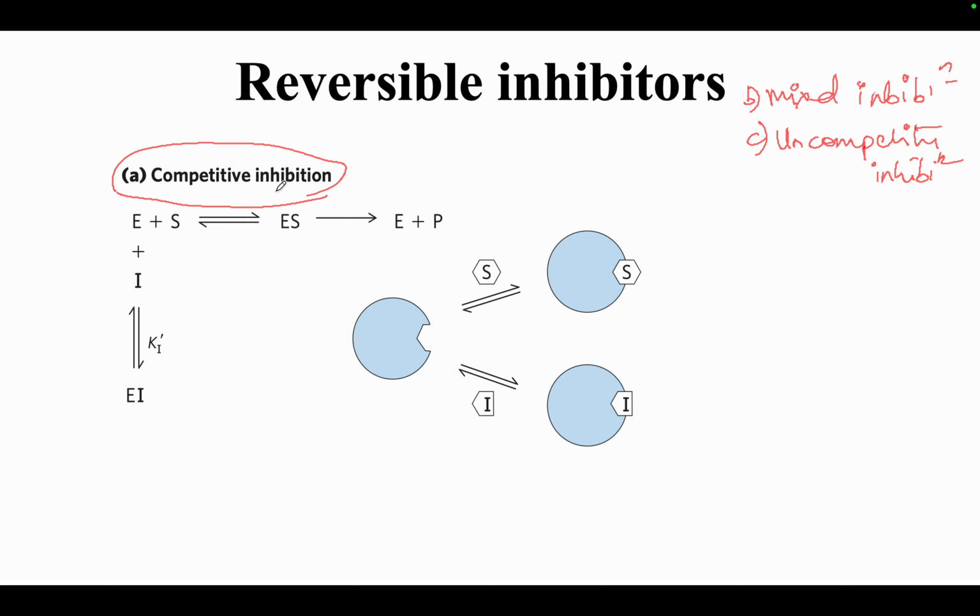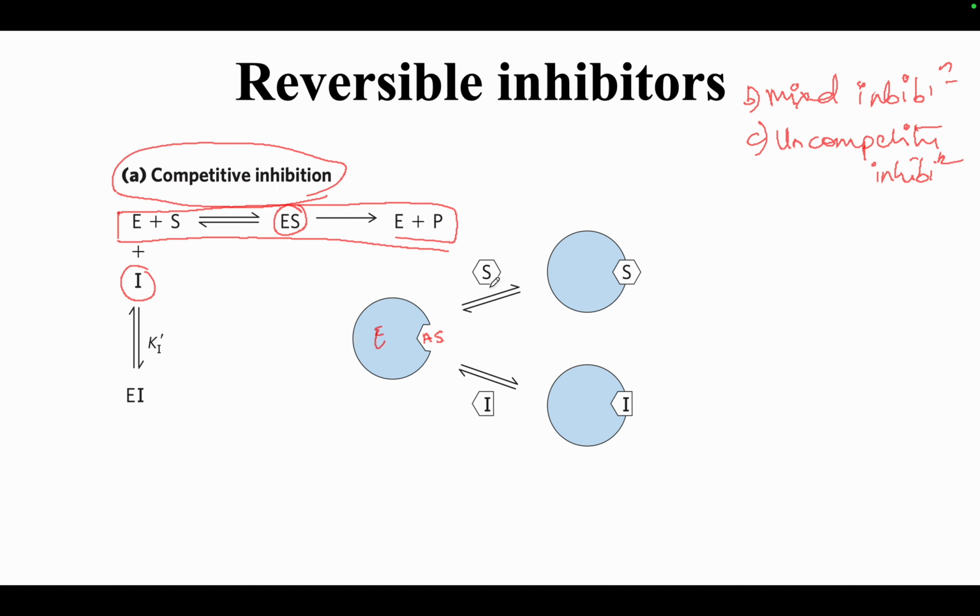Here, as you can see, this is our enzyme-substrate interaction, which leads to the formation of the enzyme-substrate complex, and then this gives you enzyme and products. But in case we add inhibitors, for example, this competitive inhibitor, it will go and bind to the enzyme. This is the active site.